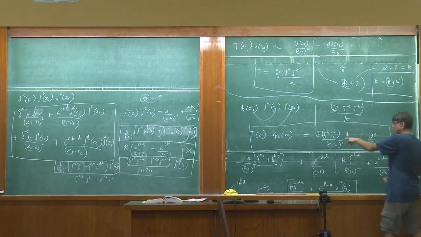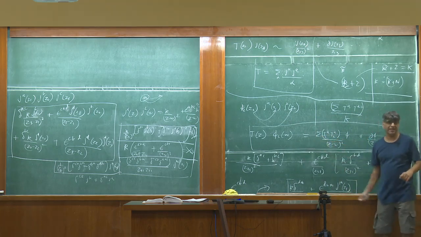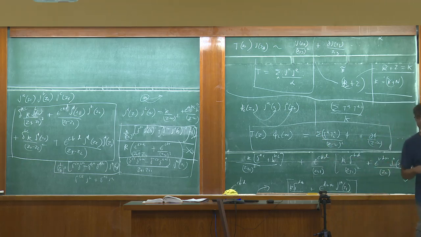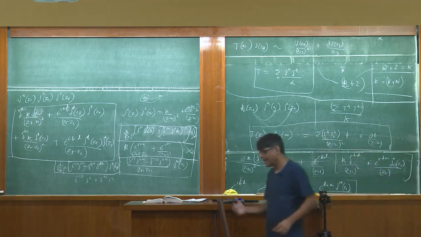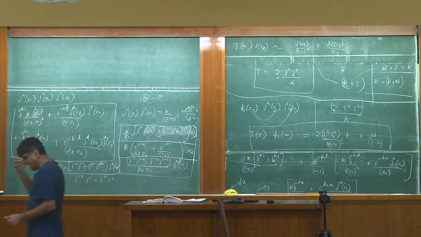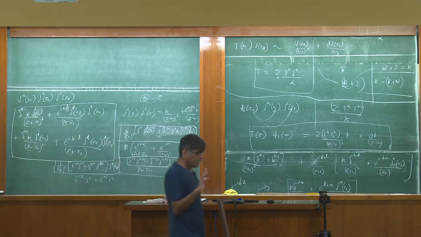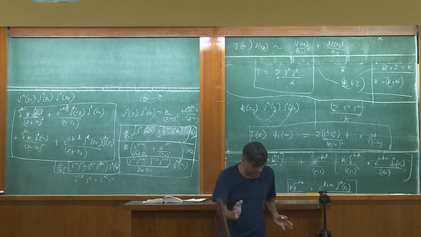Okay, so we get this object. As Rajat asked, what this tells us is that every time we have a current algebra primary, that object is automatically also a Virasoro primary, of a given weight.